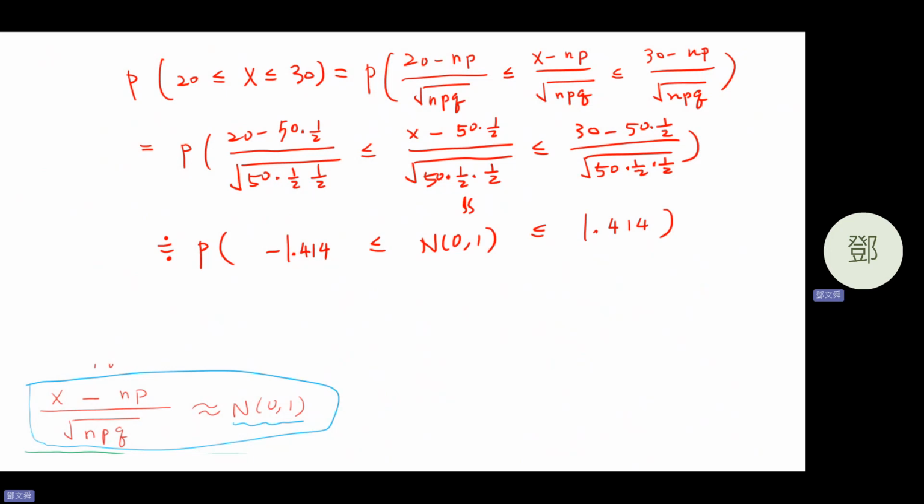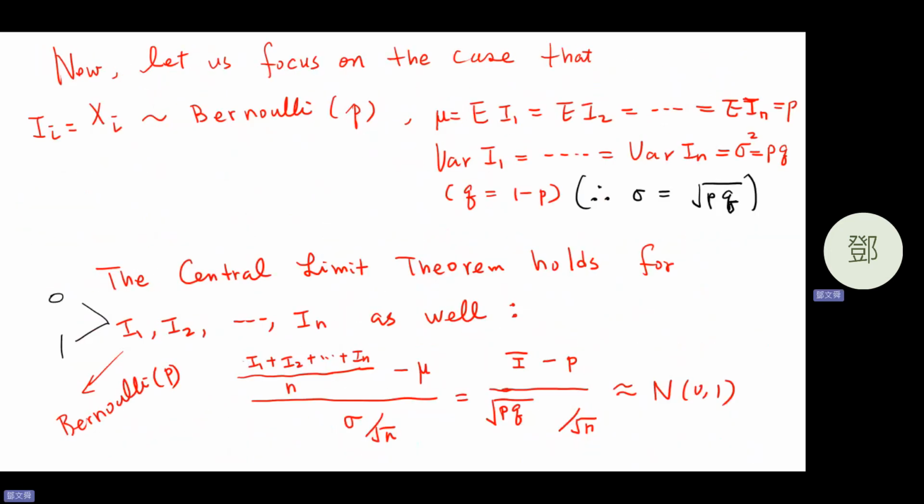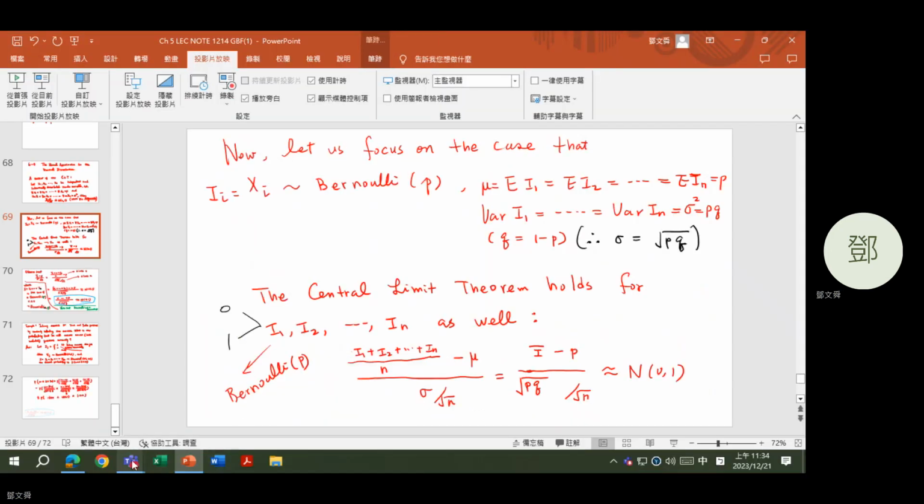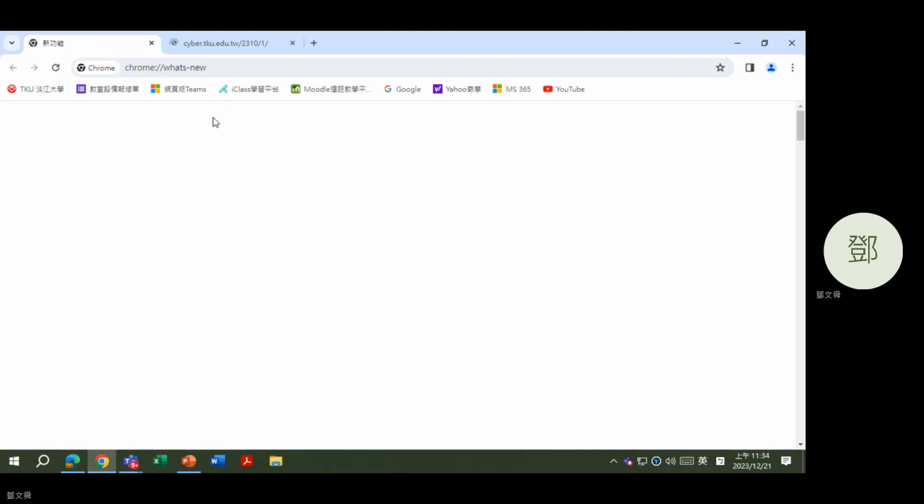Ignore this one. We can go to the table and look for the critical number 1.41. So please go to the table, the normal table.